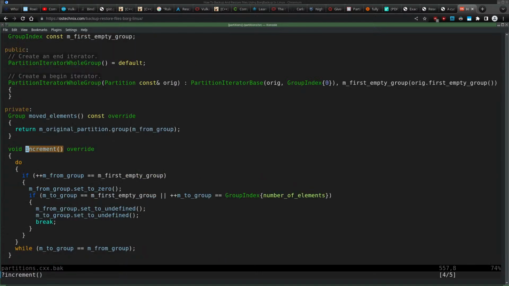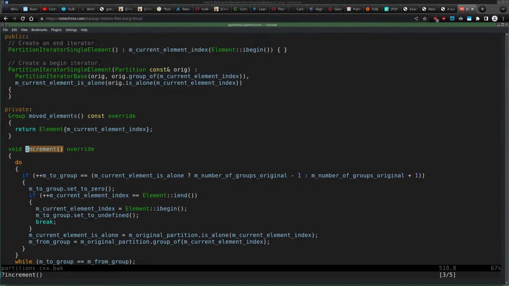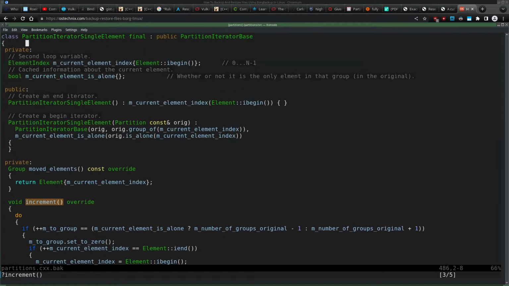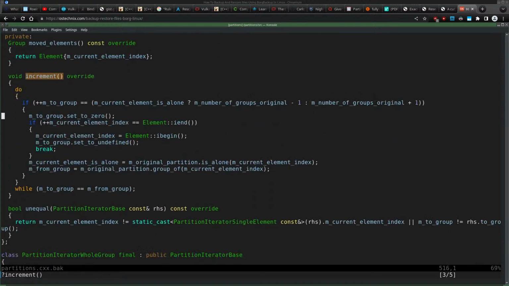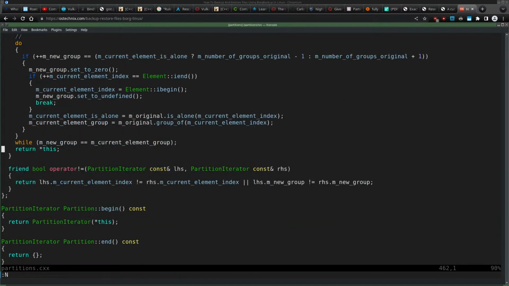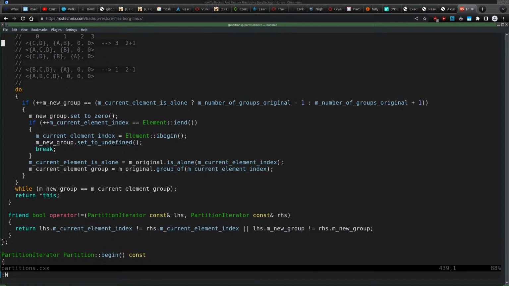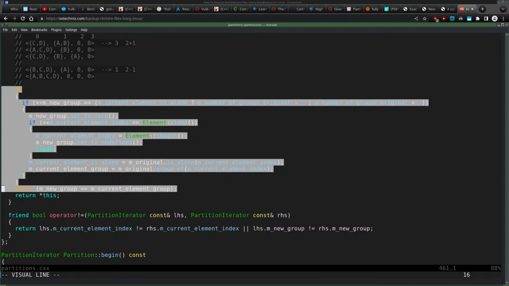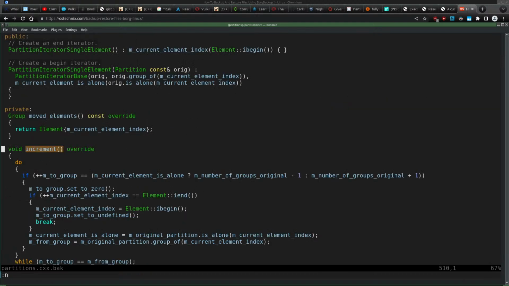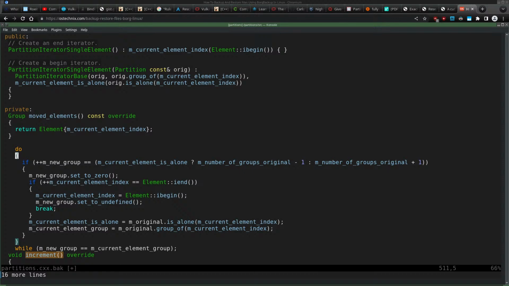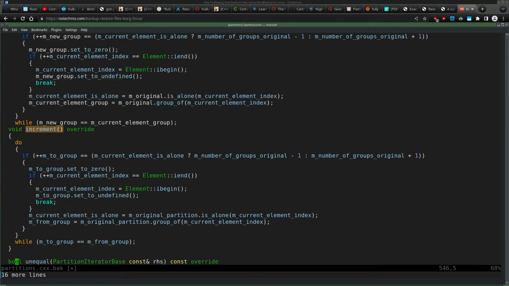There's two of them. Well, we're talking about the single element one, so that would be this one. And then that should be equal to this. So this is the working code. Let's just copy that, and then compare that with the code that we have.